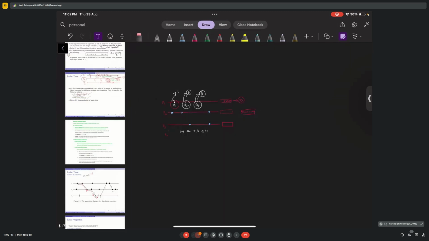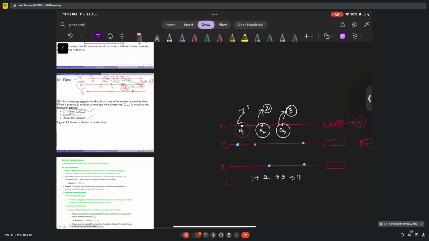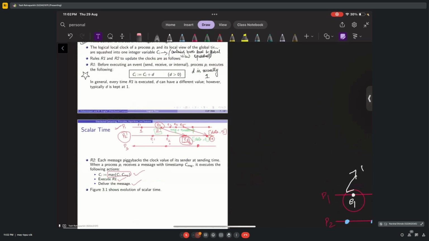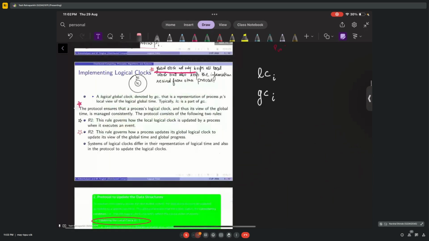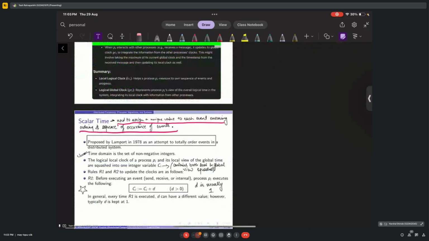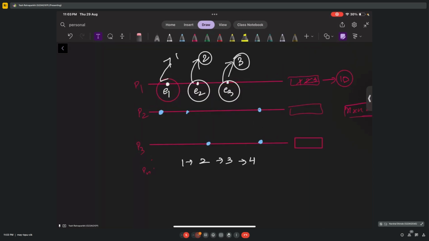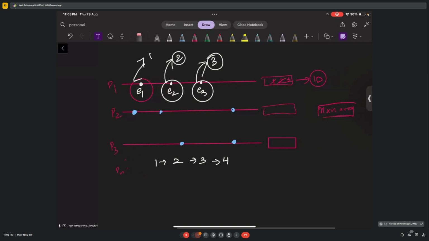Okay, perfect. Done. So scalar time says total order of events. I was talking about total order, like ordering of events. It says for all the events that have occurred from P1 to Pn, each event in each process should be in an order.